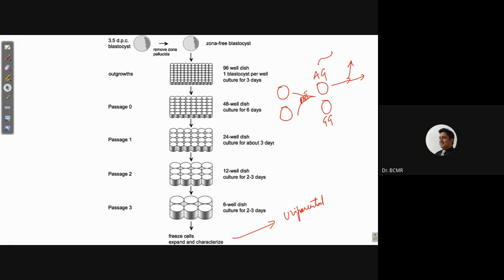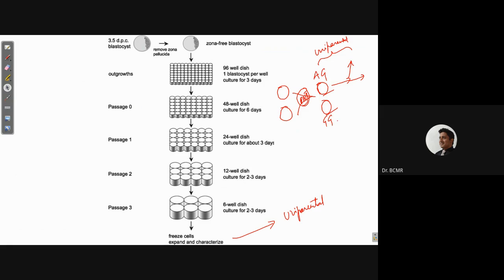How can we be sure that what we have in our hands is uniparental? And if it is uniparental, how can we be sure which one is AG and which one is GG? When we are doing pronuclear transfer, we cannot always be sure which one is the male pronucleus or the female pronucleus.